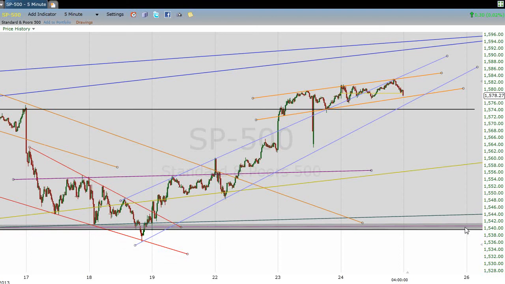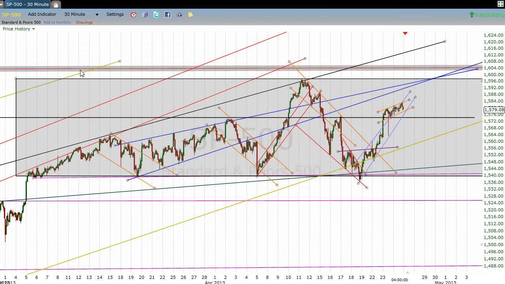And if that breaks, then we know that this is indeed a head and shoulders top, and we would expect a move down to about the high 1480s as a result of the break of this line. And at that point, we would have some other things to consider as well.